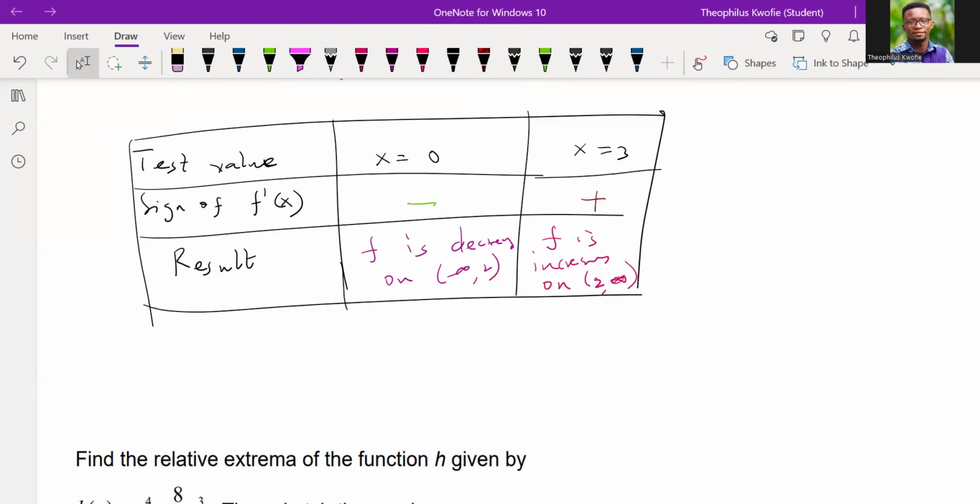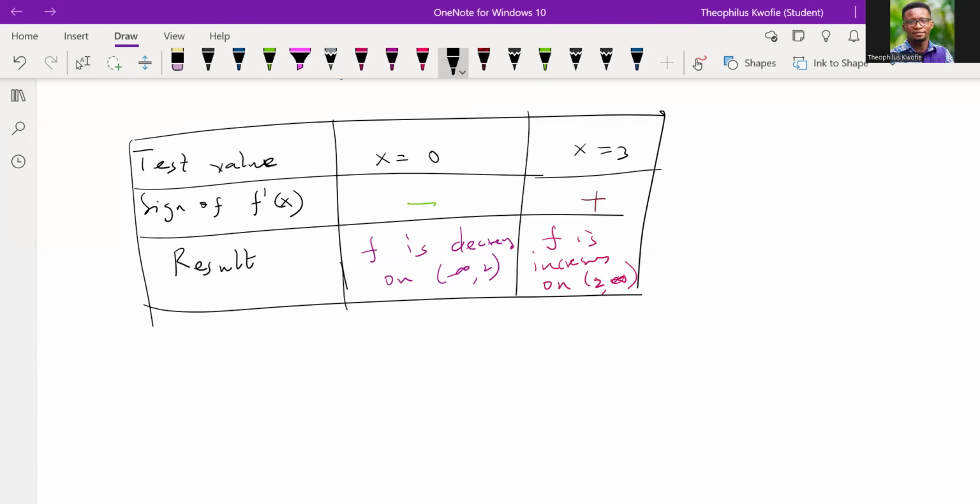Now, we have an idea that our f has a relative minimum at x equal to 2, which is given by plugging 2 into the main function.